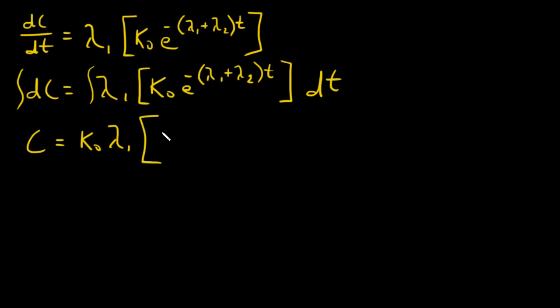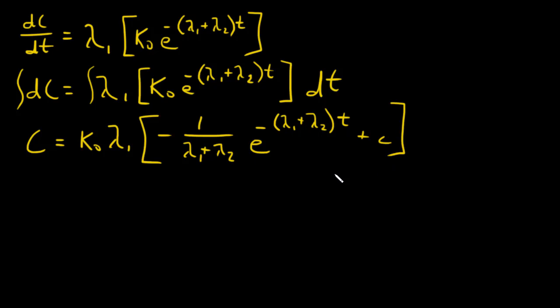So negative, well, I'm sorry, 1 over (lambda 1 plus lambda 2), times e to the negative (lambda 1 plus lambda 2) t. And then I don't want to forget plus c. Little c, not big C. Big C is calcium, little c is the constant, okay?